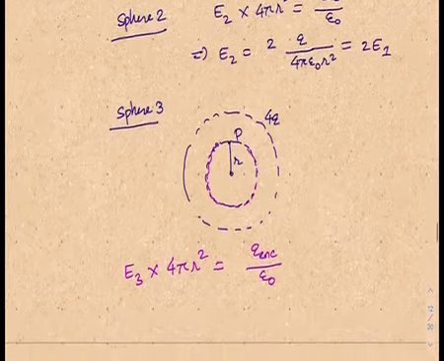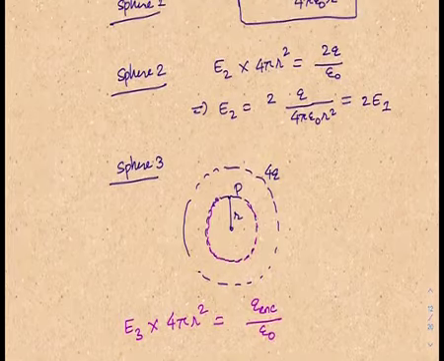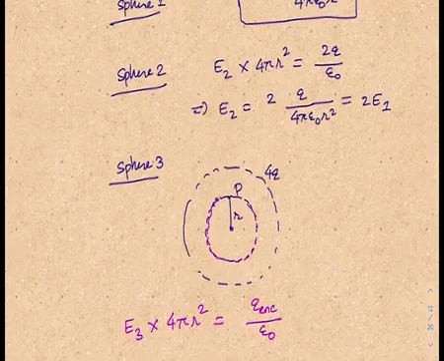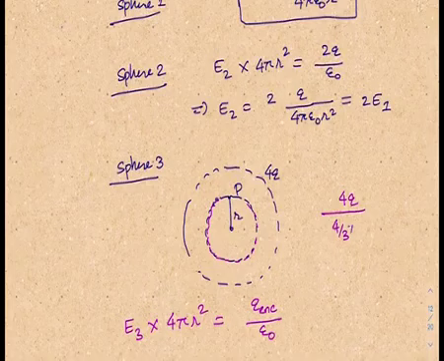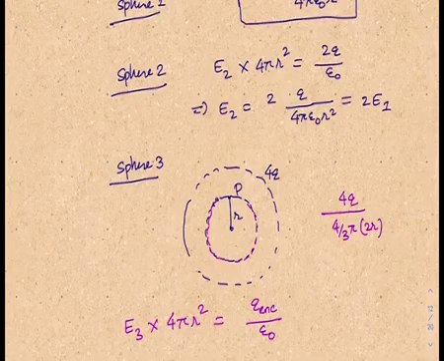Now the charge enclosed: it is uniformly distributed, so the charge per unit volume in the whole solid sphere would be 4q divided by 4 by 3 pi R cube, where the radius is 2r, so 2r cube.